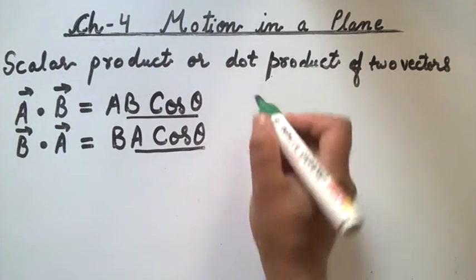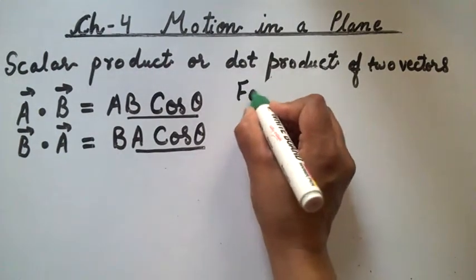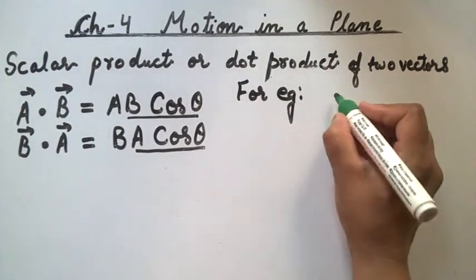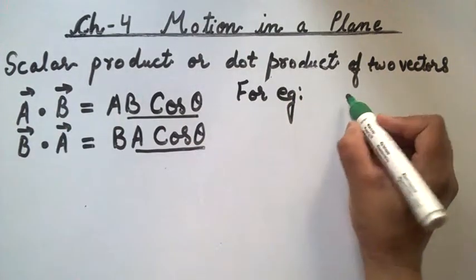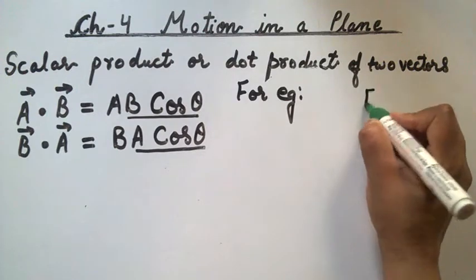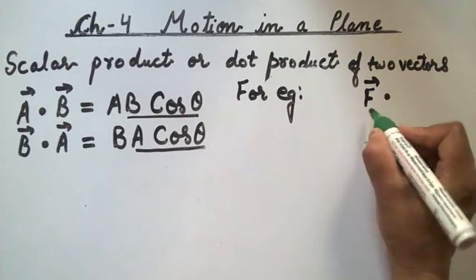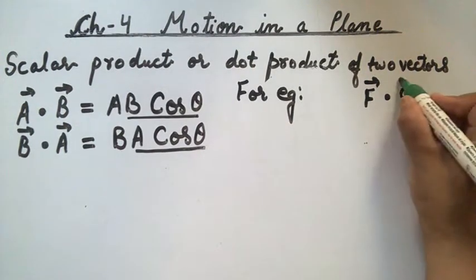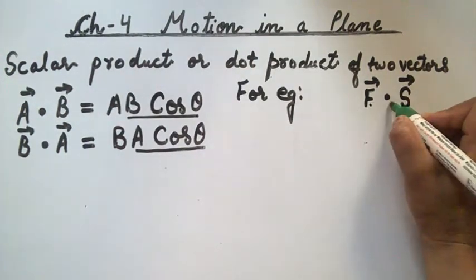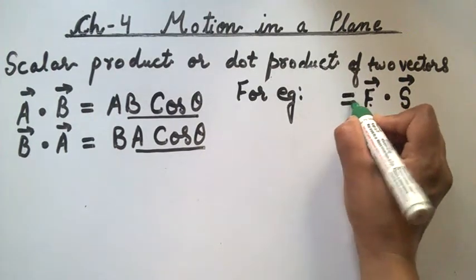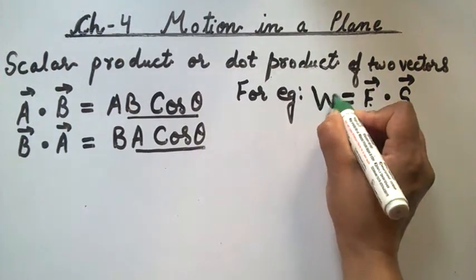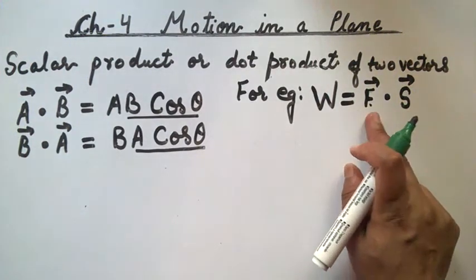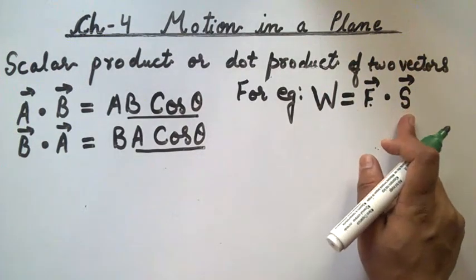Their examples are: if we multiply two vectors together and take their dot product, that is force into displacement, F vector dot S vector gives work done. And we can also see that when we take the dot product of two vector quantities, it gives a scalar.